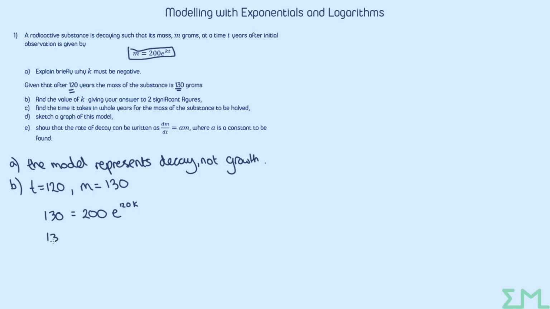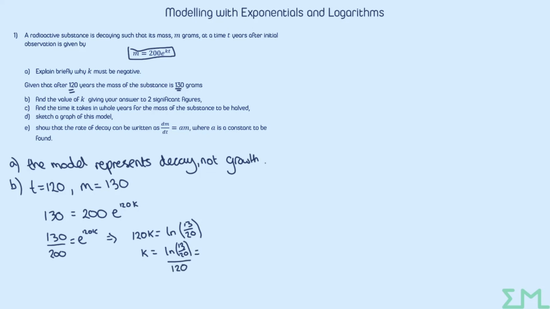So we would divide by the 200, e to the 120k, and then if we take natural logs of both sides, we'd have 120k equals ln of what will be 13 over 20 if we simplify. There we go. And then to finish off, we just need to divide by 120. So ln of 13 over 20 divided by 120.